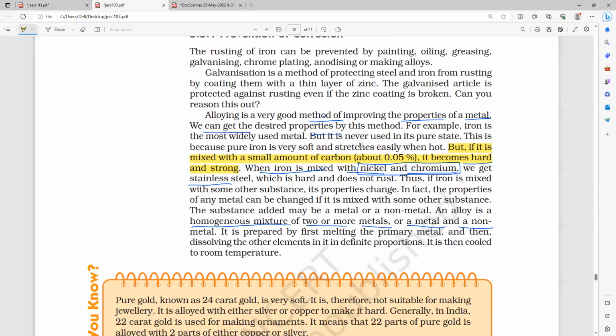Clearly they mentioned in the book. That is how we call it steel. Carbon is the one and only non-metal which we know. Please make it.